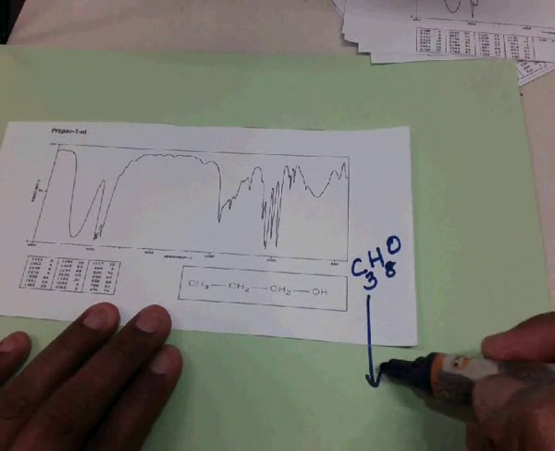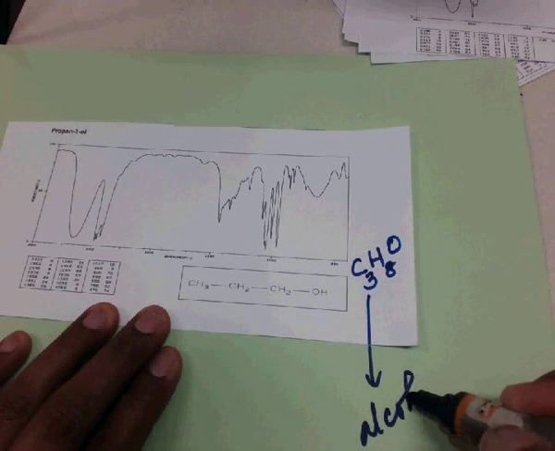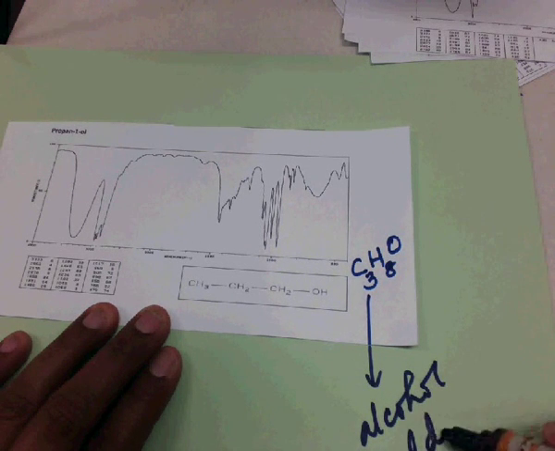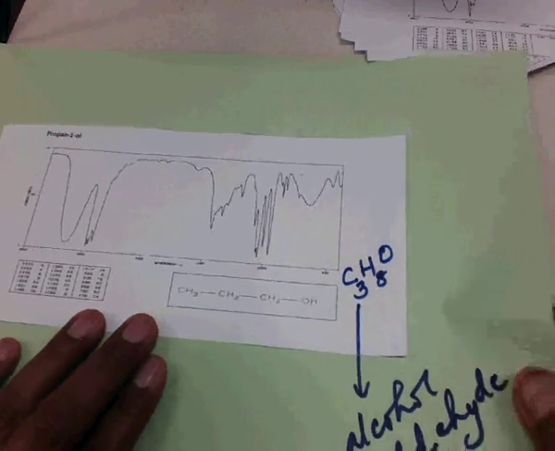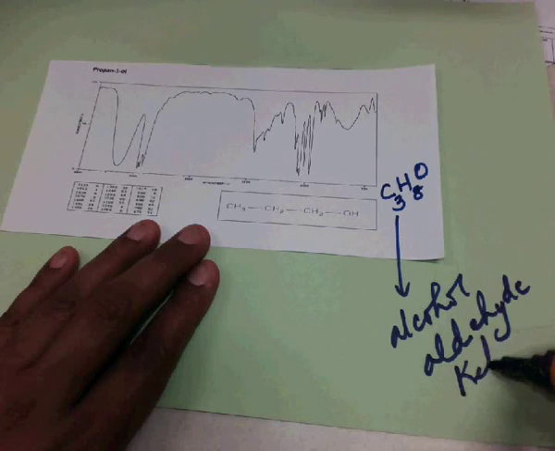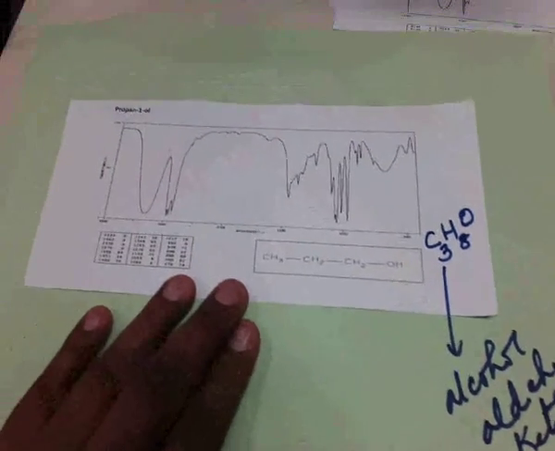Again, it could be an alcohol, it could be an aldehyde, or you could have a ketone here. But there's something very prominent in this spectrum that we did not have for propanone or propanal. Can you tell me what that is? Okay, so compare these.